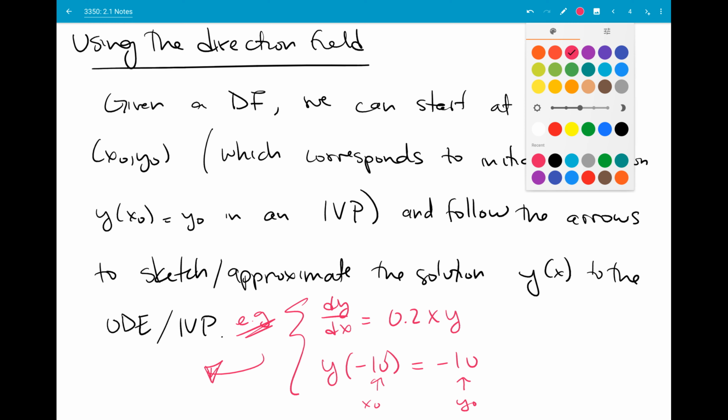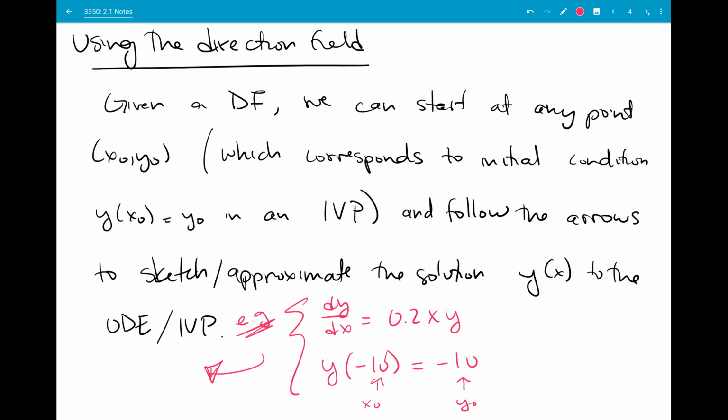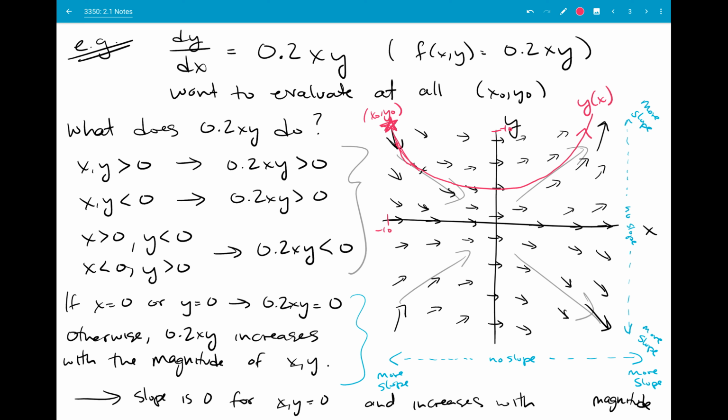We'll do one more here. For anyone who cannot see colors, it would be bad to just switch them. So we'll have that star, and then this flower will be our second example. An initial value problem could be dy dx equal to 0.2xy with y of, let's see, whoops, okay.